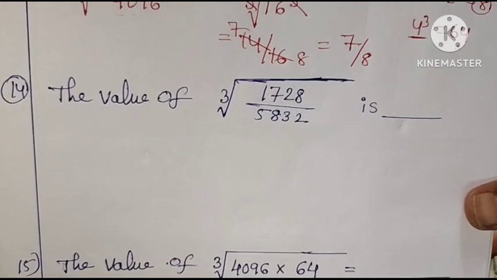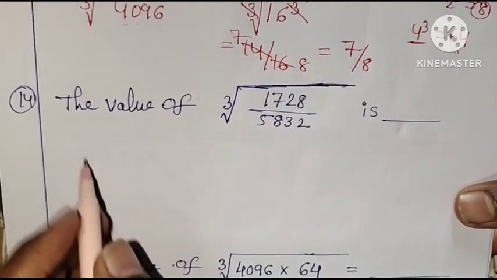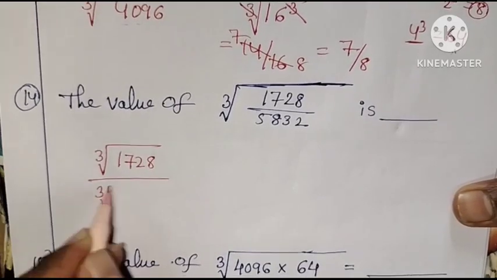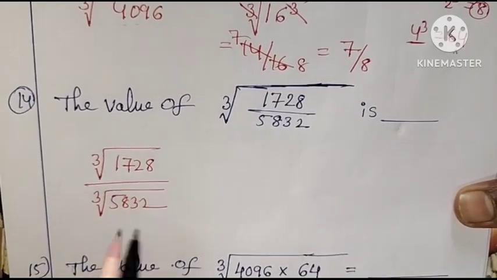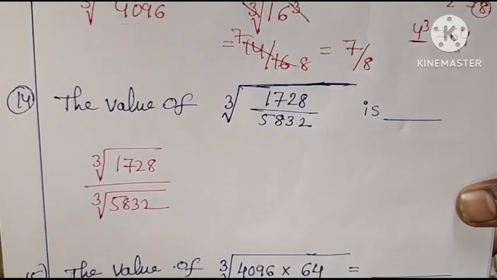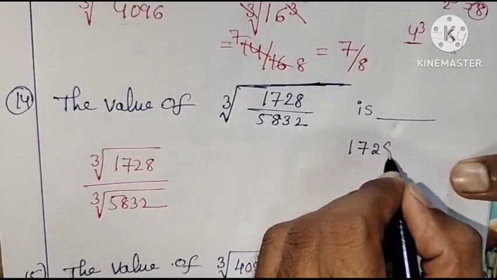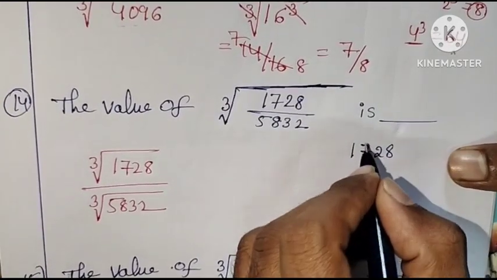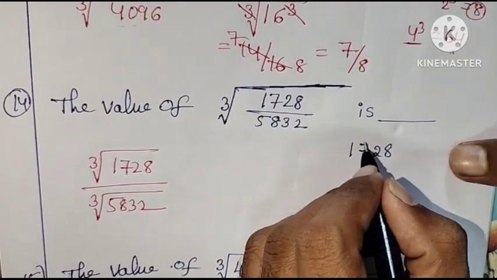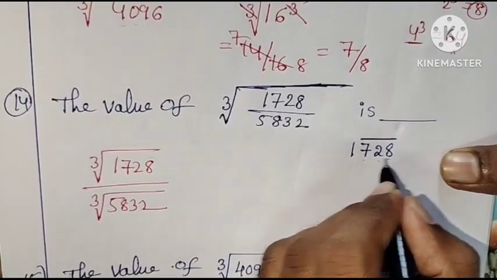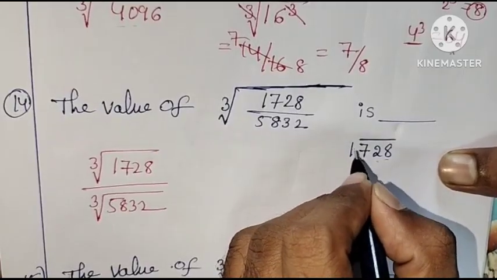And next question, the value of cube root of 1728 by cube root of 5832. So first, as usual, take the given number 1728. Okay? So make groups of 3 digits from the right side. This is one group, these 3 digits another group, and the remaining number is 1.